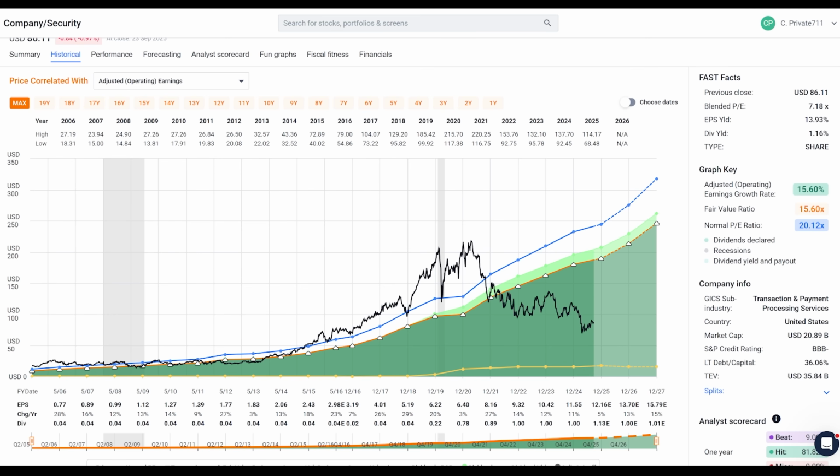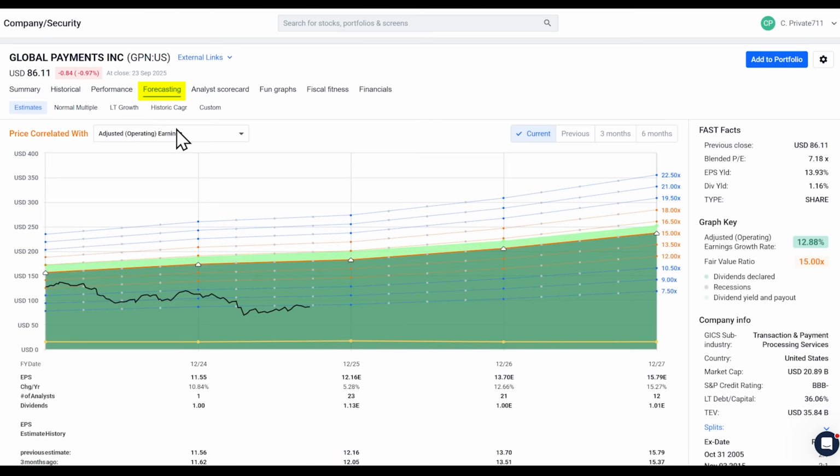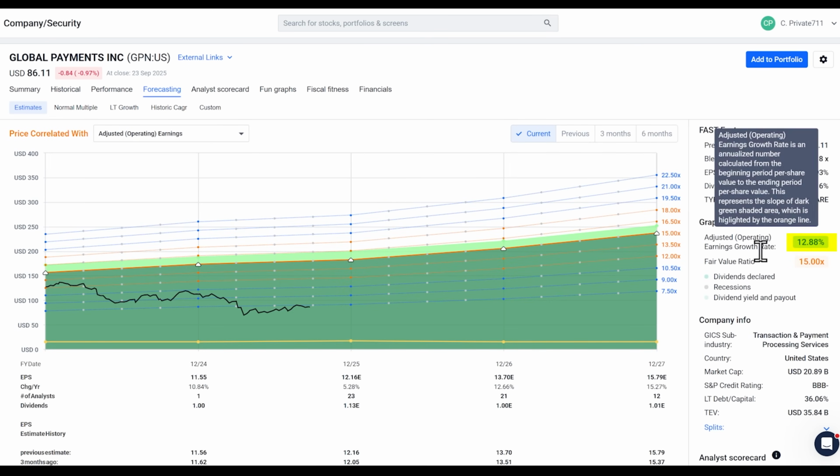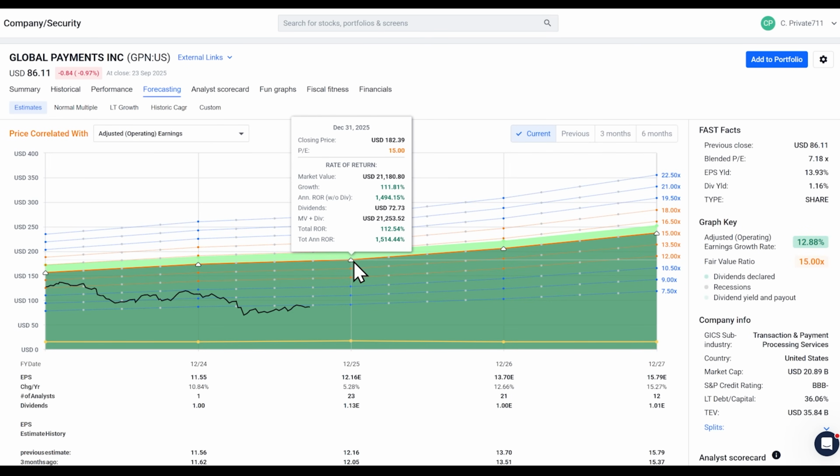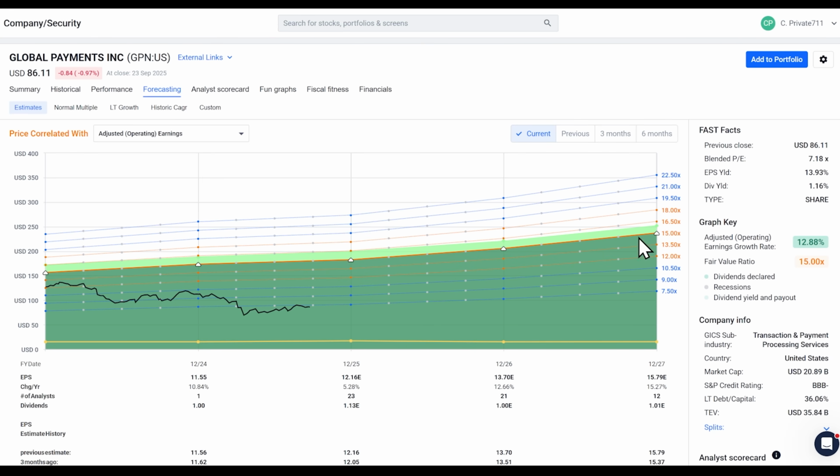And using the formula that Peter Lynch made popular, PE equal to growth rate, we're drawing the orange line at a PE of 15.6 on the historical graph. On the forecasting graph, where we're looking at growth of about 12%, we're drawing the line at a PE of 15, and that gives us this tremendous return opportunity going forward, as I've already pointed out.